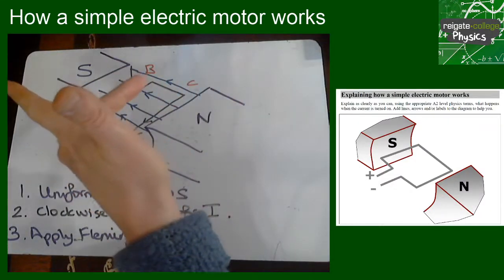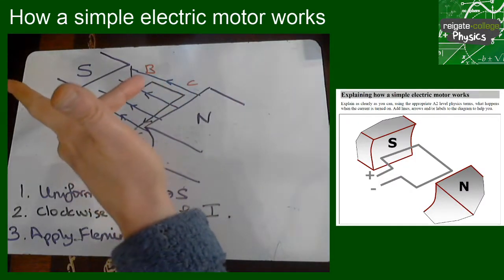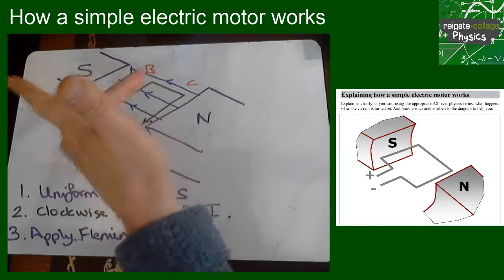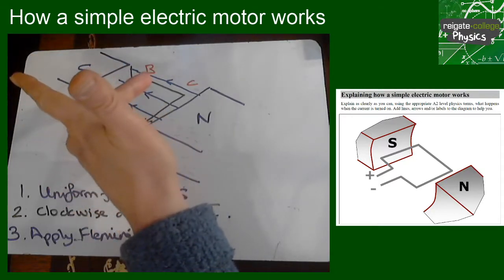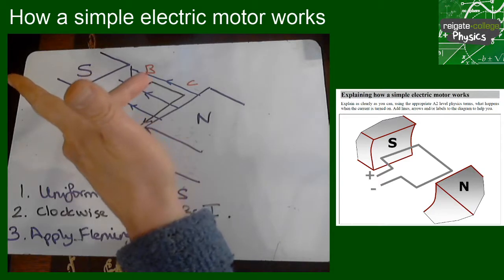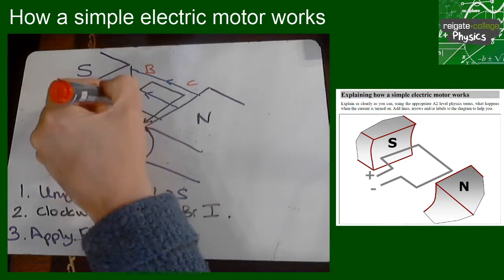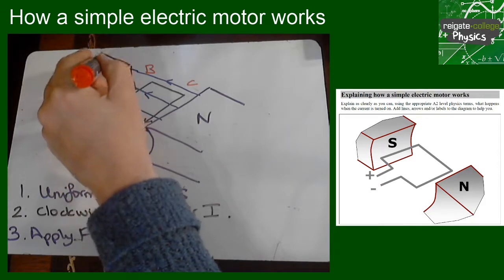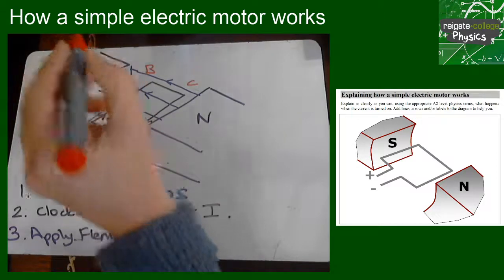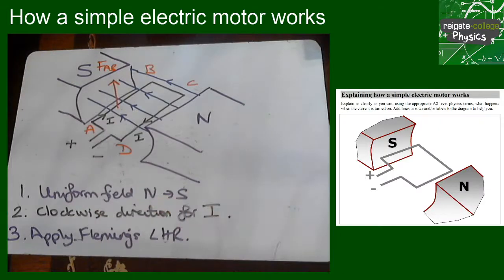We also know that the current on side AB is going that way into the page, in which case we're going to have a force which goes up the page. So I would label side AB as force AB.